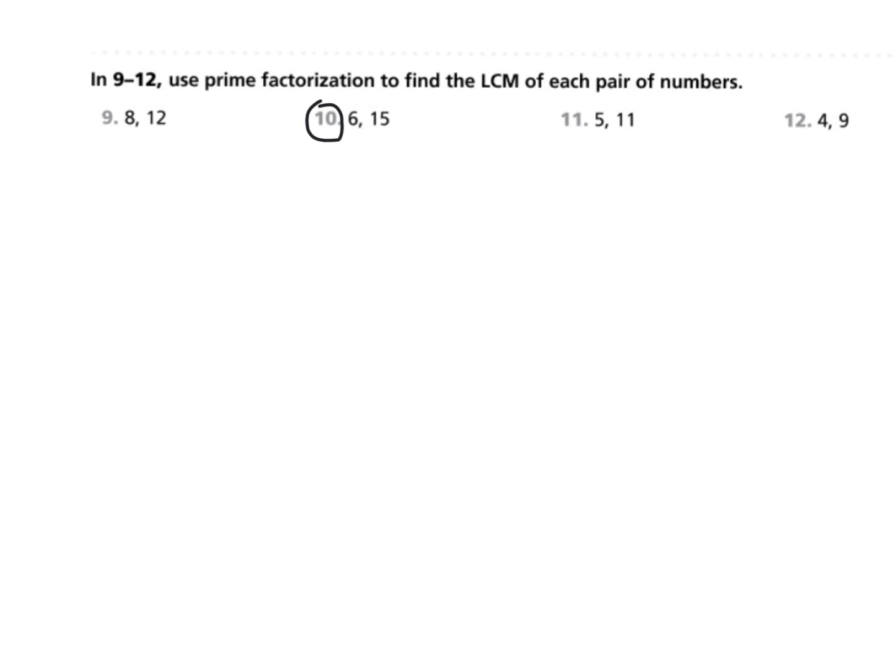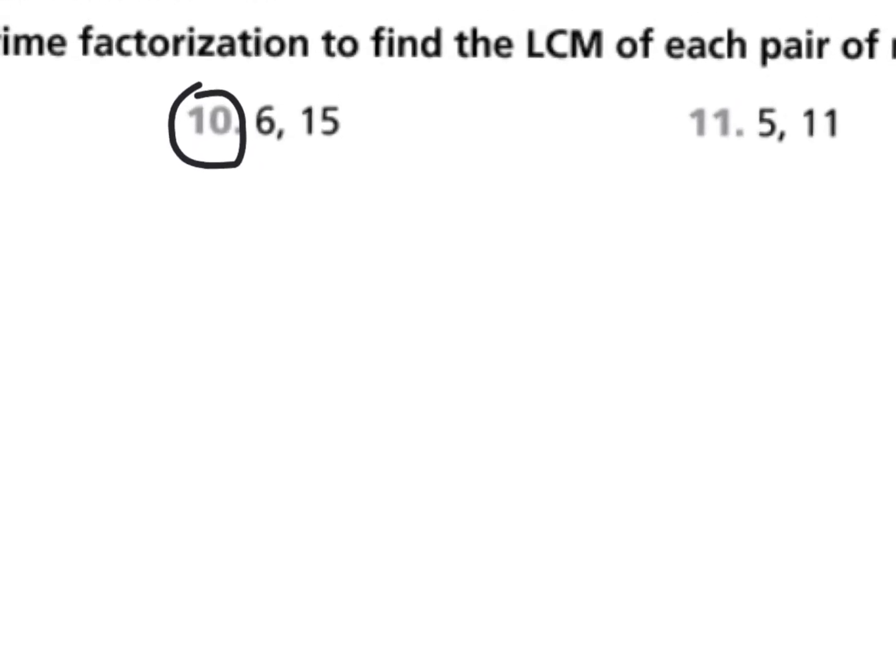So if we look at number 10, least common multiple of 6 and 15, one way of doing this is to list the multiples of these numbers until we find something that matches up. So multiples, we're multiplying. So like 6 times 1 is 6, 6 times 2 is 12, and so on. Or you can think of just counting by that number.